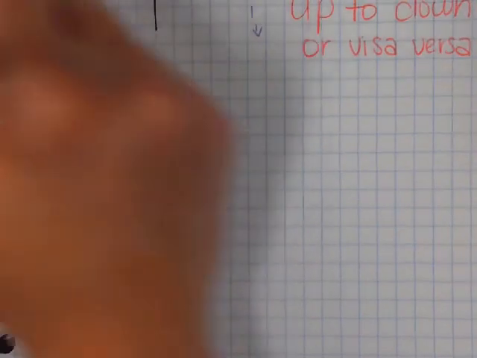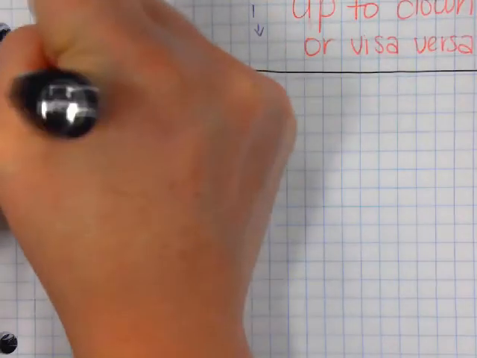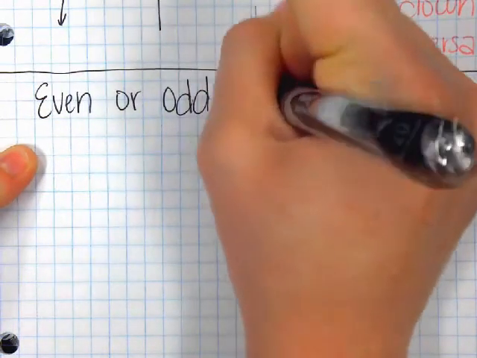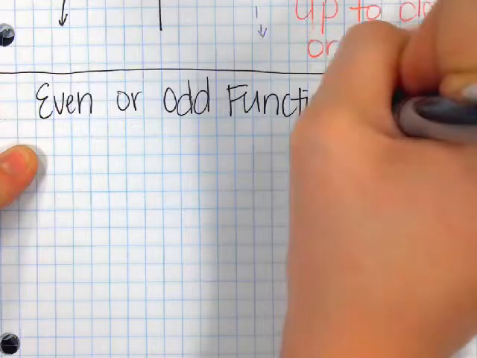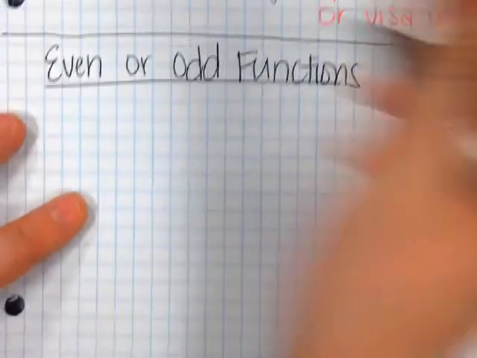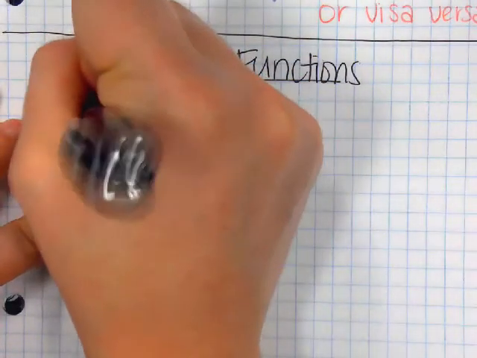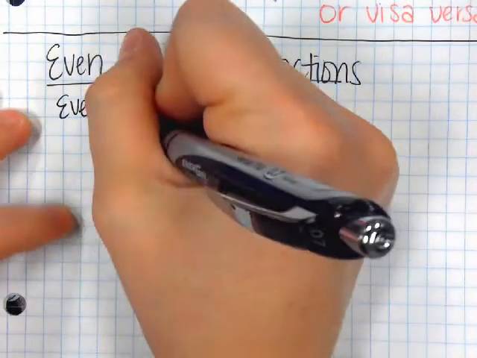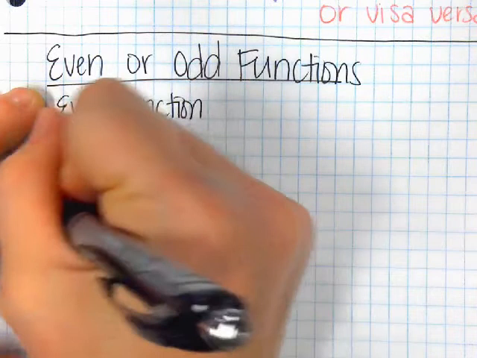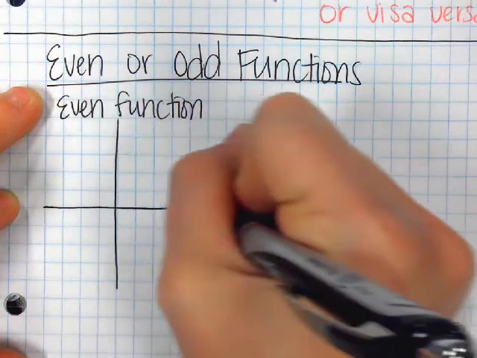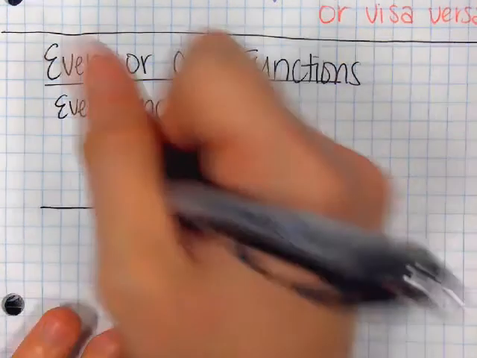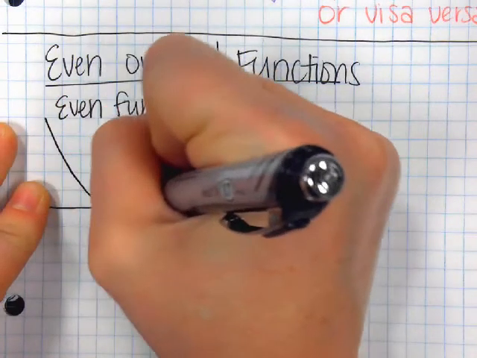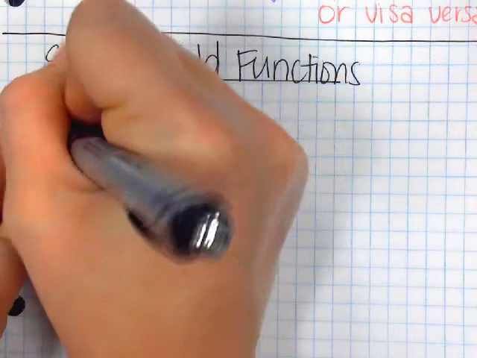Now the last definition that we have to write down is even or odd functions. An even function is when it is a reflection over the y-axis.